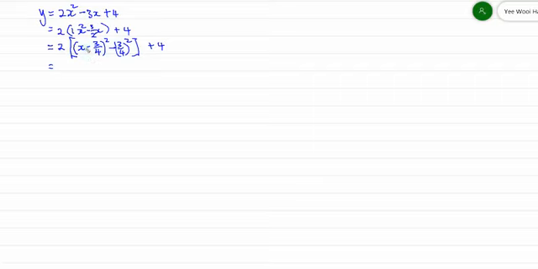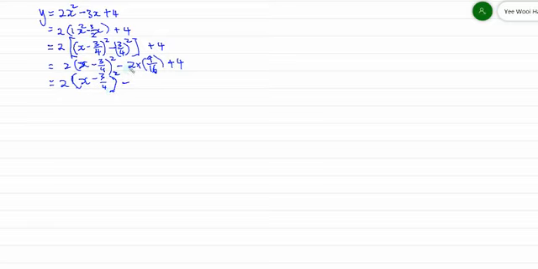Now I'm going to multiply the 2 back, so I've got 2 times (x minus 3 over 4) squared minus 2 times 9 over 16. Okay, the square of 3 over 4 is 9 over 16, plus 4. Now so you've got a 2, you've got (x minus 3 over 4) squared.